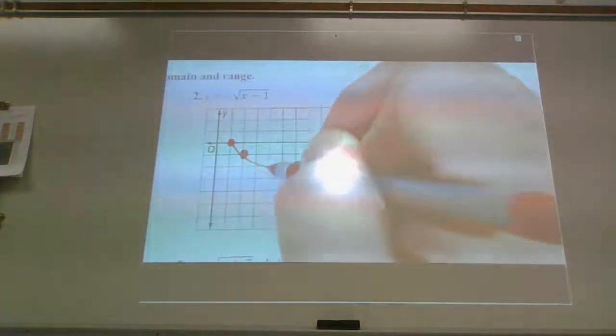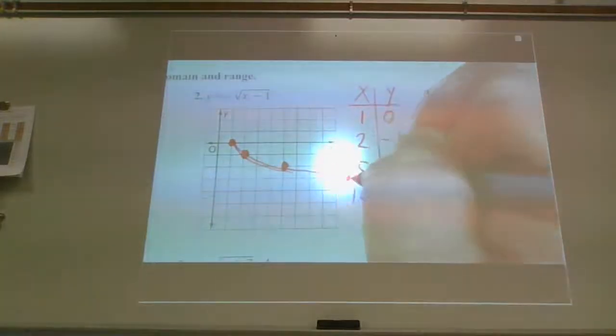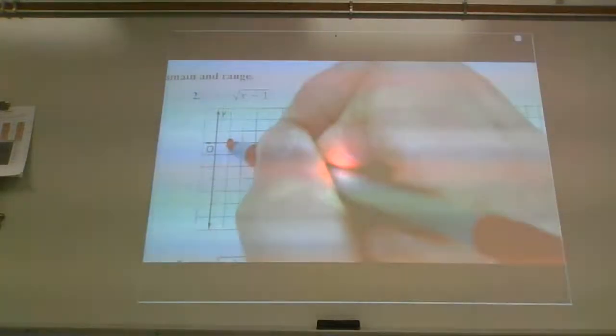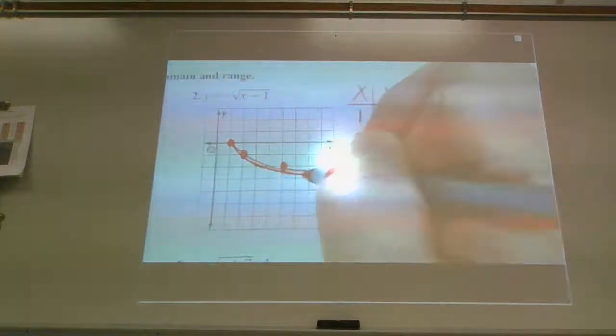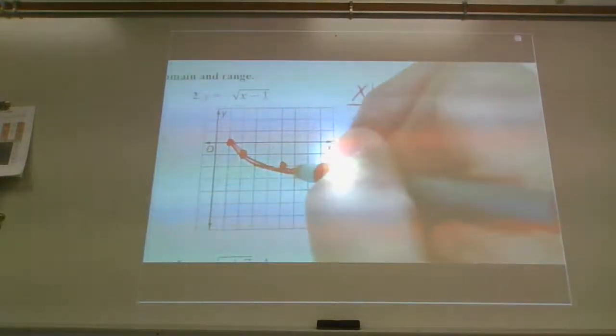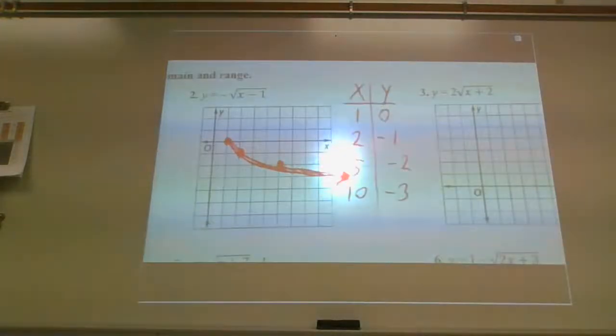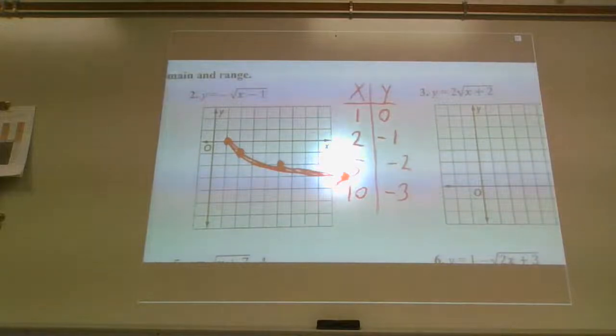And according to what we know about square root functions, I would draw this curve attempting to go through all those points. I'm having a terrible time trying to draw a nice little curve right here. But that's what that thing would do.